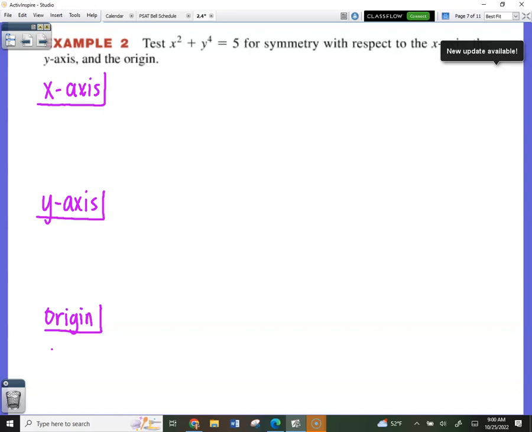So you're just checking the algebra. Remind yourself of the rules, and you'll notice they're opposite of what you're checking with. If you're checking over the x, it's the y that changes; if you're checking over the y, it's the x that changes.